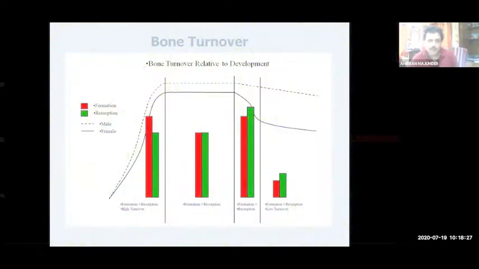Now, as I've told you, bone turnover occurs from birth up to death, but in the young years, the formation is slightly more than the resorption, so the skeletal mass grows.